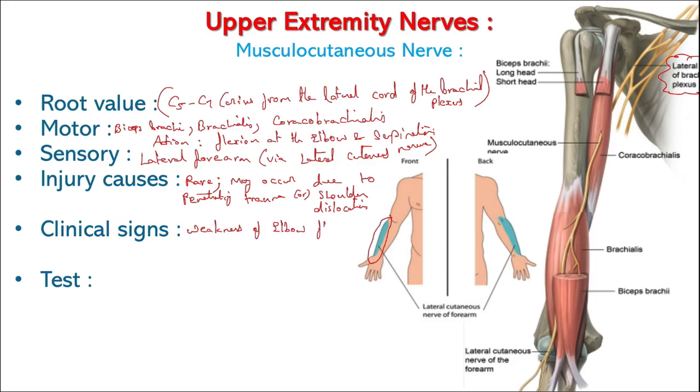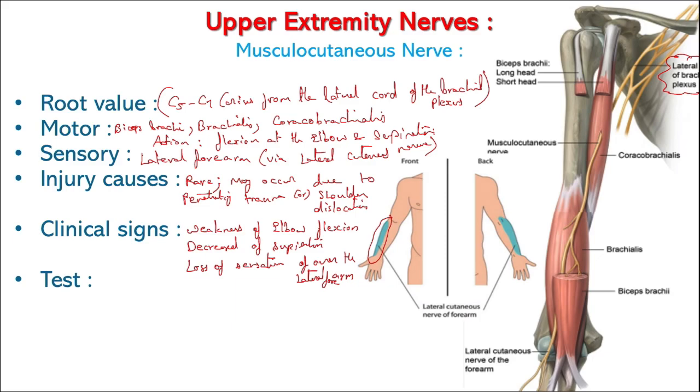So the patient will have a problem with elbow flexion, decreased supination, and some loss of sensation over the lateral forearm. You can see this image. With this image you can easily find the pathological condition and why.